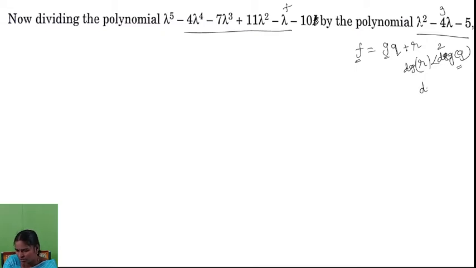Less than 2 means the degree of R is less than or equal to 1. So that will be a linear polynomial, that is, a polynomial of degree 1.